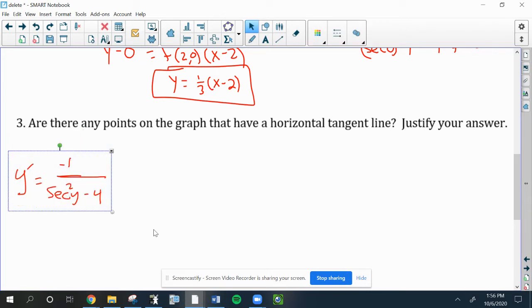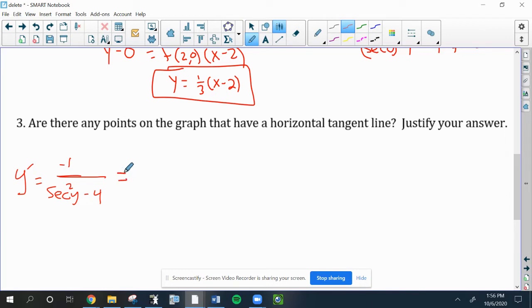So we're going to set this derivative equal to 0 and solve. And remember, a fraction equals 0 when the top equals 0. So we can just write this equation. And this is obviously a false equation, which indicates no, there are no solutions to it. So there are no points where this graph has a horizontal tangent line.